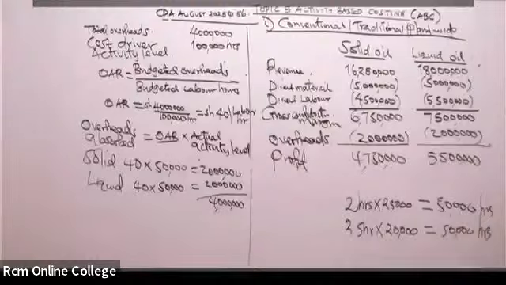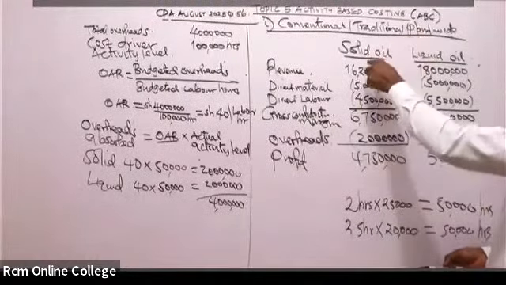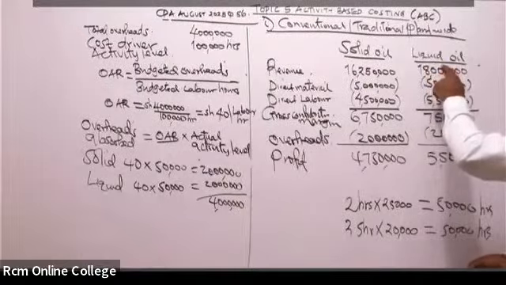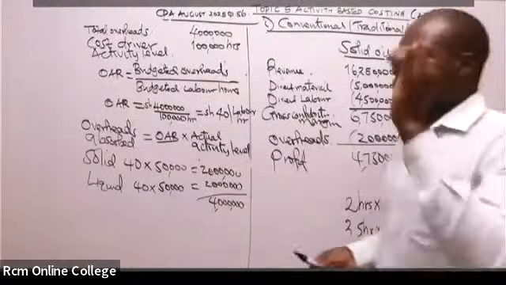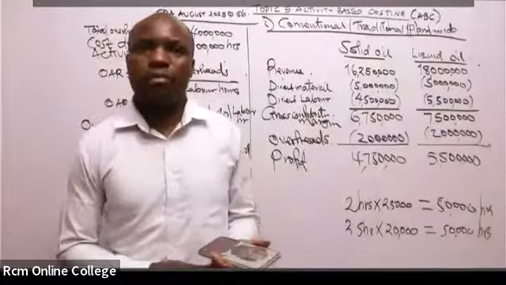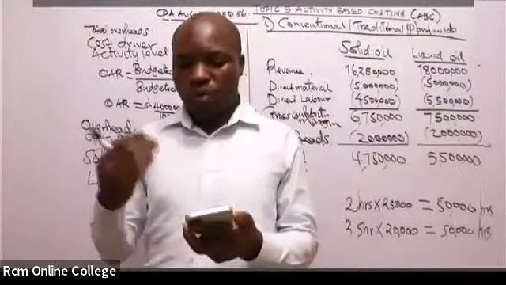Thank you. So we have profit for all the 25,000 liters of solid oil, for all the 20,000 of the liquid oil. Let us go to the question and understand what are we required to do specifically. Is it the profit per unit? Is it the cost per unit, or per liter?